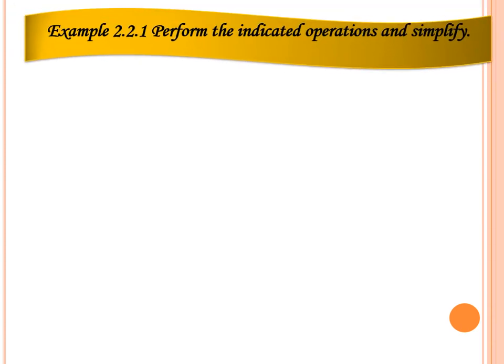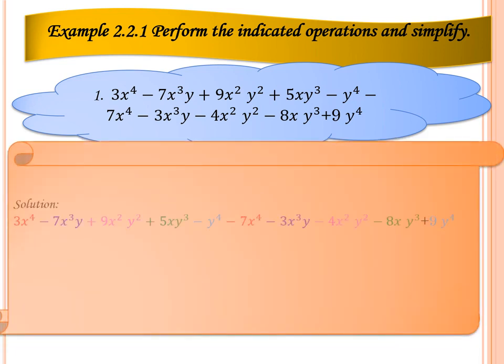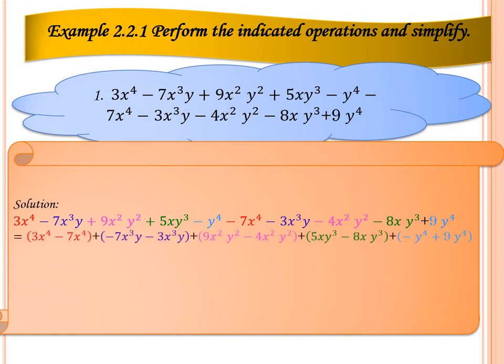Okay, for our example 2.2.1, perform the indicated operations and simplify. For our first example, given this expression, to solve this kind of expression, first, we're going to arrange the terms of these polynomials by using commutative and associative laws.